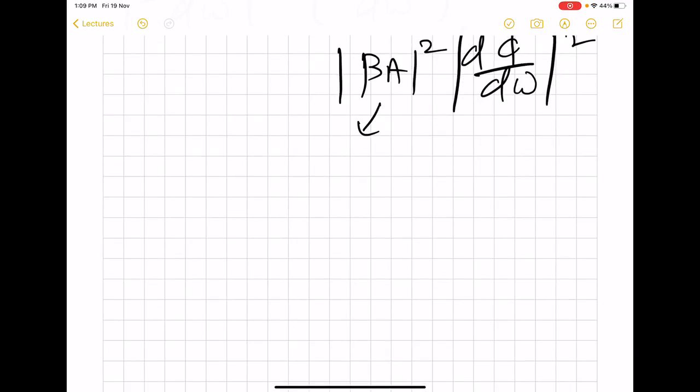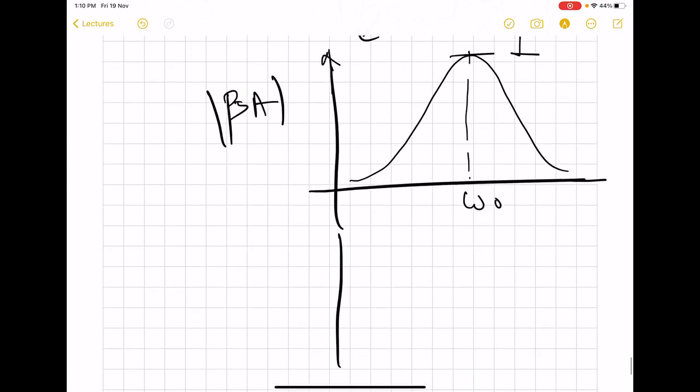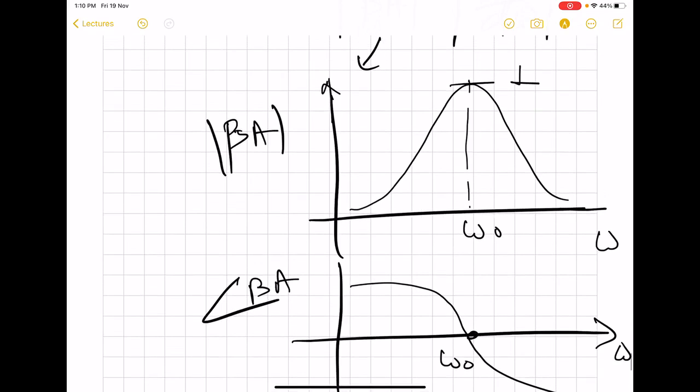If we make a plot of the magnitude and phase of this beta A for an oscillator, its plot will typically be like this. So this is the oscillation frequency, and at the oscillation frequency the phase is 0, so the phase will typically undergo a transition at this omega naught. So this is the typical behavior of beta A at and around omega naught.